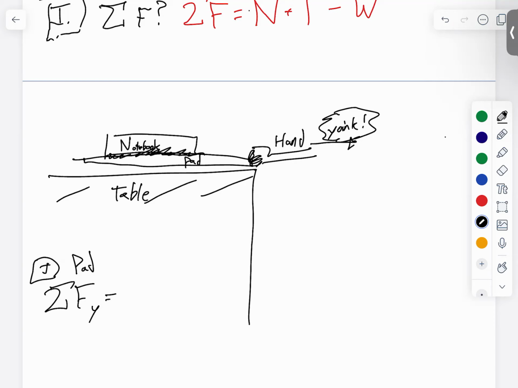I think too many of you are guessing. Do the steps with each other. Vertical.